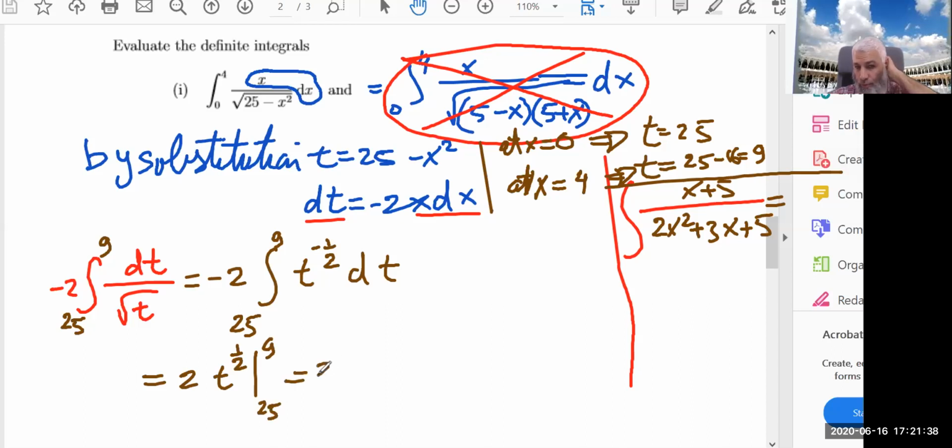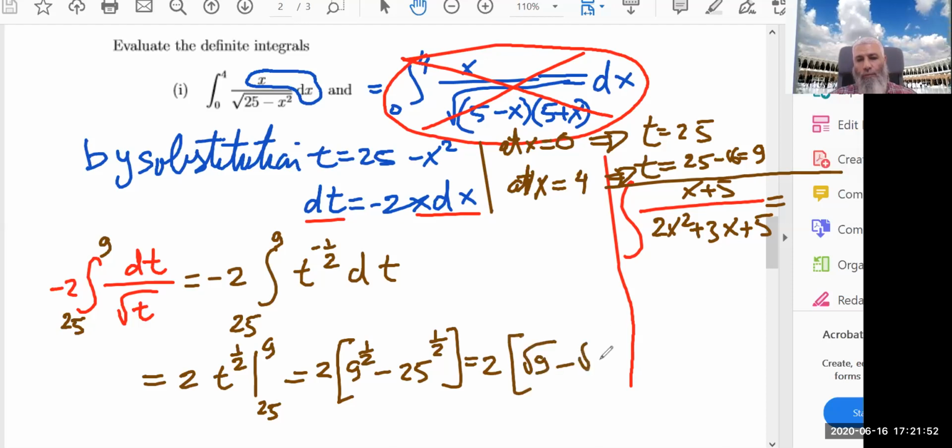So this is 2. The upper limit is 9 power 1/2 minus 25 power 1/2. 1/2 power is root, right? Root 9 minus root 25. So this is 2 multiplied by 3 minus 5, so this is 2 multiplied by 6 minus 10.